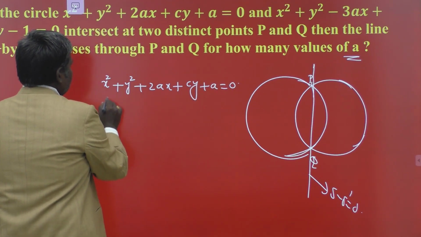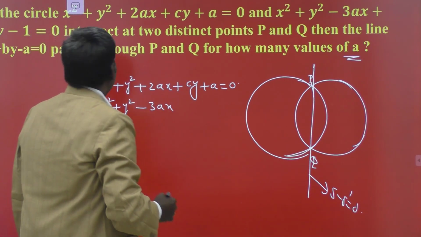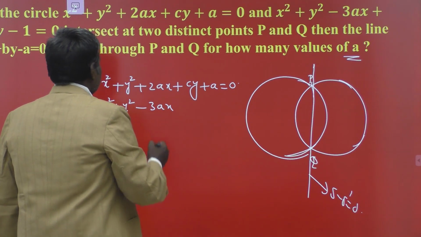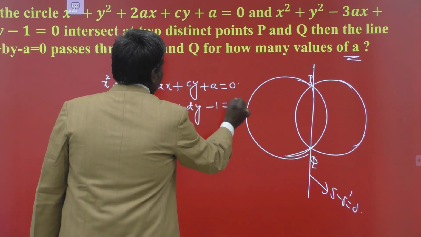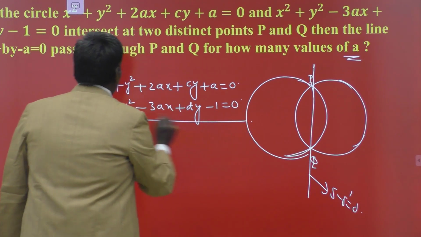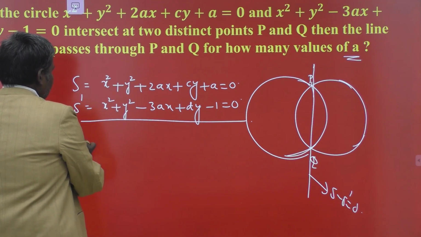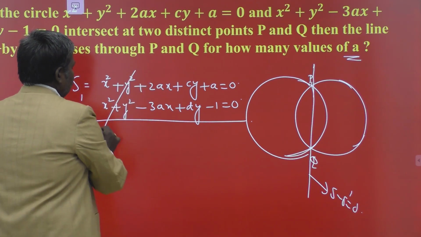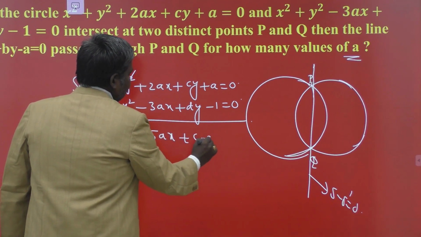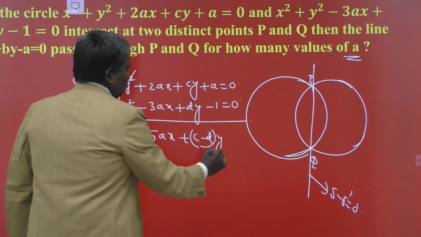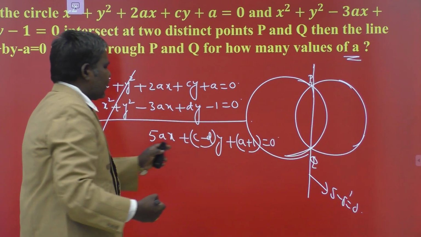The other equation is x square plus y square minus 3ax plus dy minus 1 equal to 0. These are the two circles, one is S equal to 0, the other is S dash. The radical axis is S minus S dash equal to 0. So the squared terms get cancelled. This gives 5ax plus (c minus d) times y plus (a plus 1). This is the radical axis.